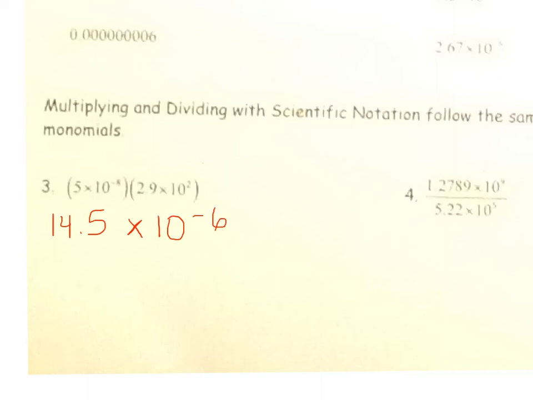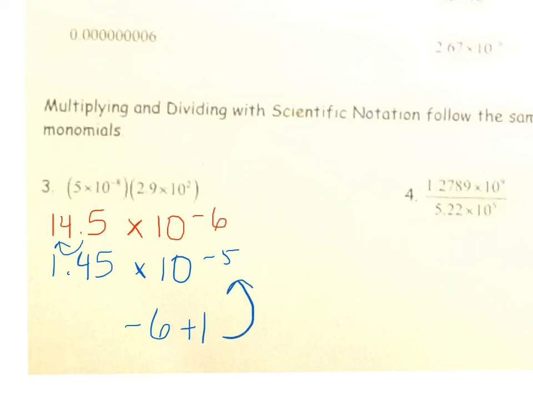That's not actually scientific notation. I need it to be 1.45 for scientific notation. Now, if I move the decimal once to the left, I'm going to add 1 to the exponent, so I get negative 5, because negative 6 plus 1 gives me negative 5. So make sure when you do these, you put your final answer in scientific notation.